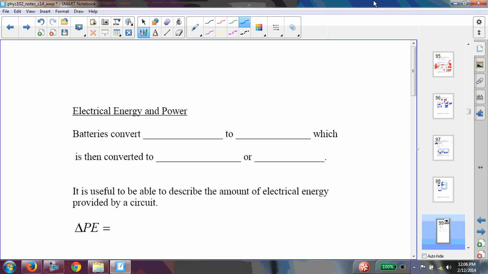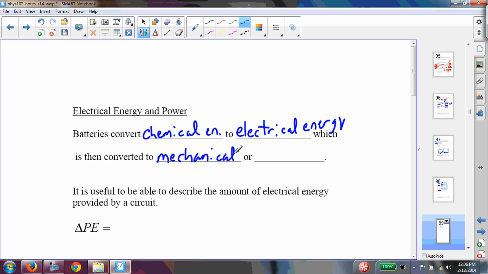Okay, continuing on with electrical energy and power. Batteries convert chemical energy to electrical energy, which is then converted to some other form of mechanical energy, perhaps like if you're turning a motor, or thermal energy, or perhaps light, as in a light bulb.